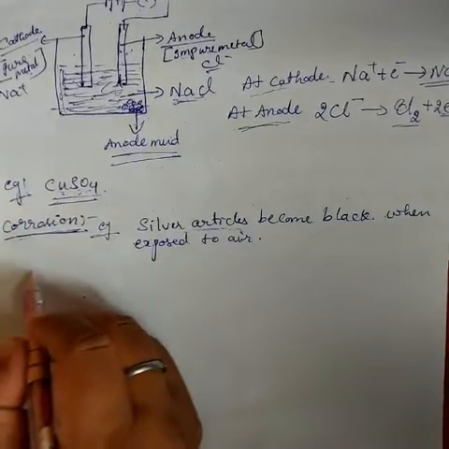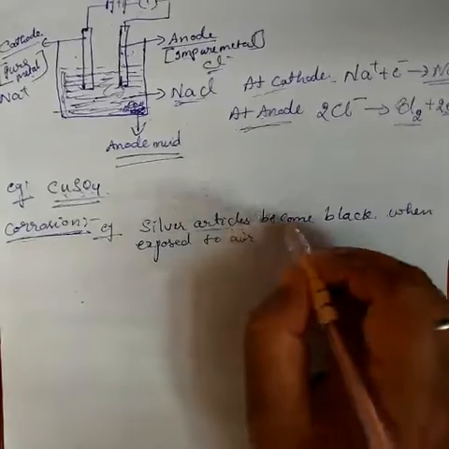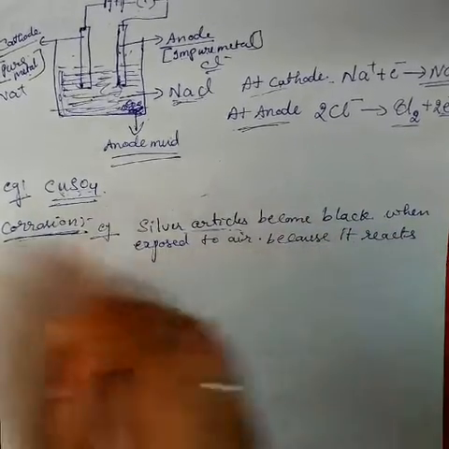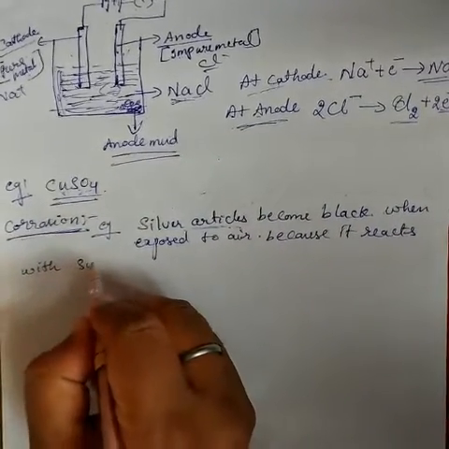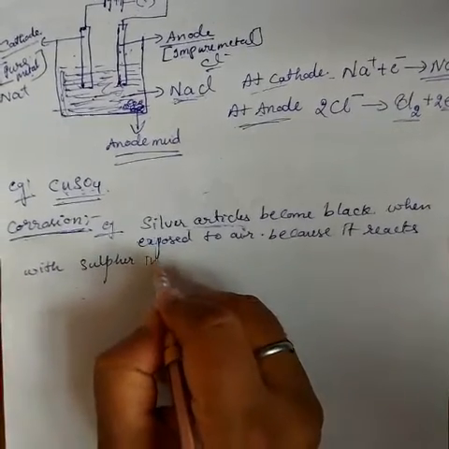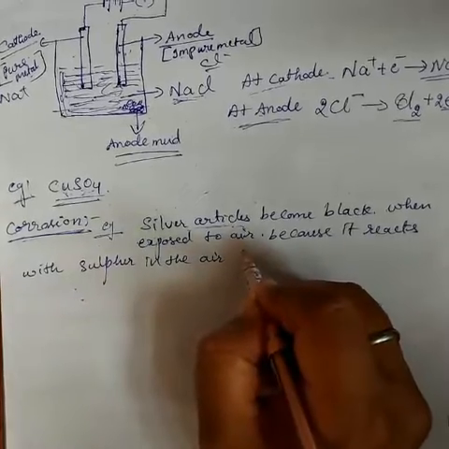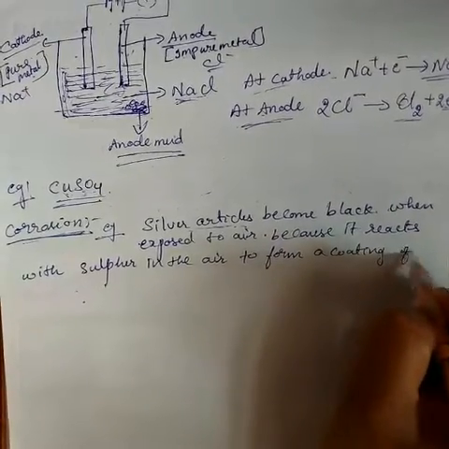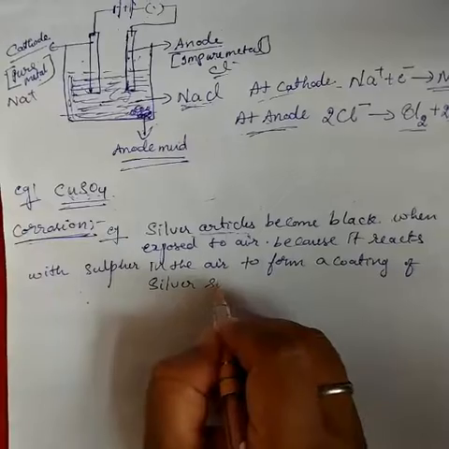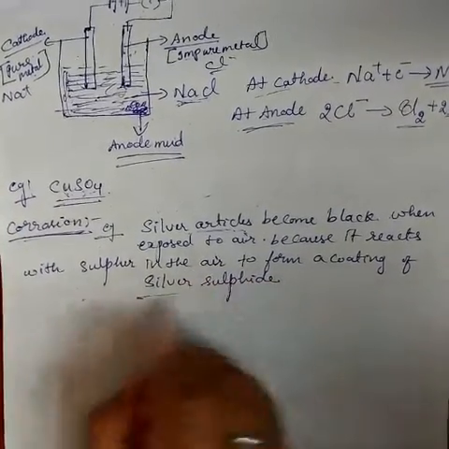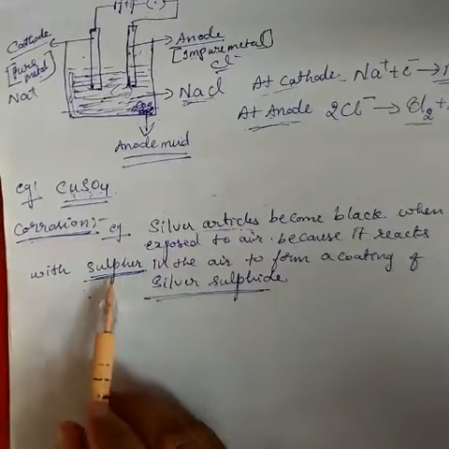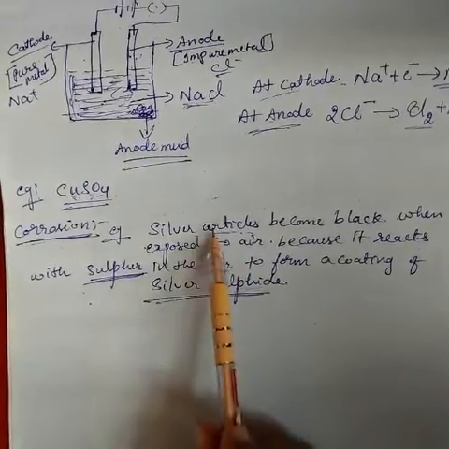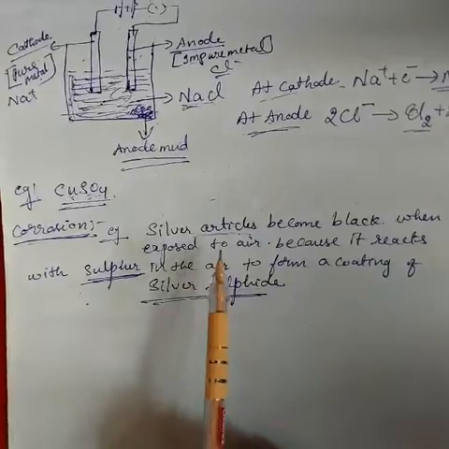The answer is that silver articles become black when exposed to air because silver reacts with sulfur present in the air to form a coating called silver sulfide. That's why it becomes black.